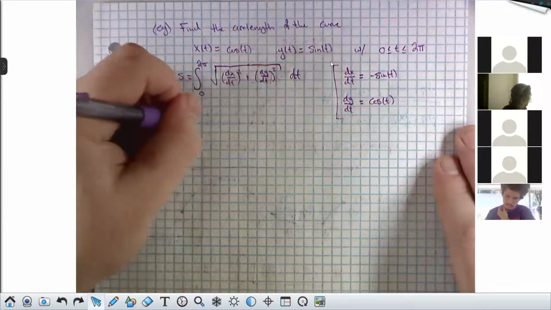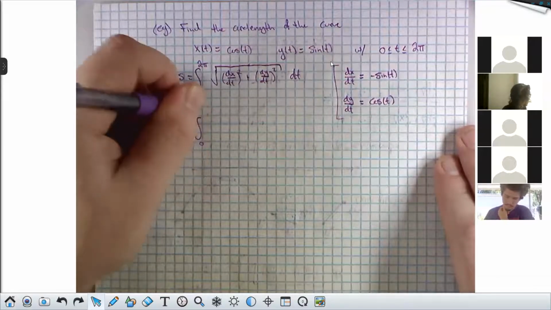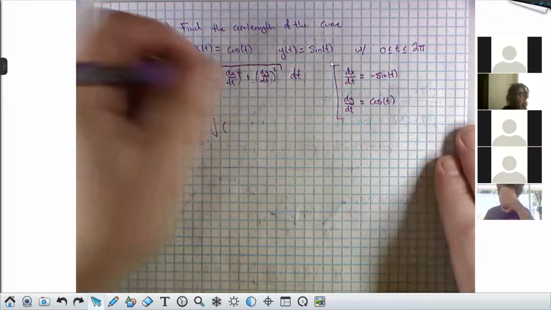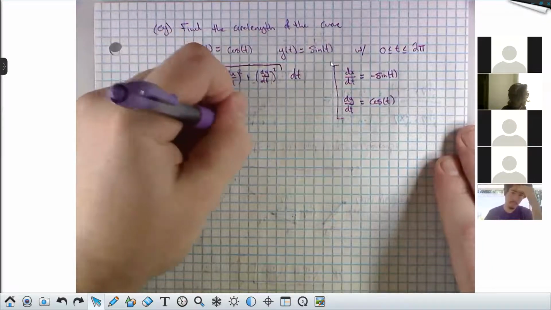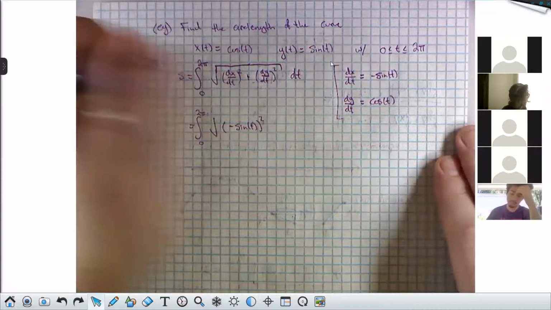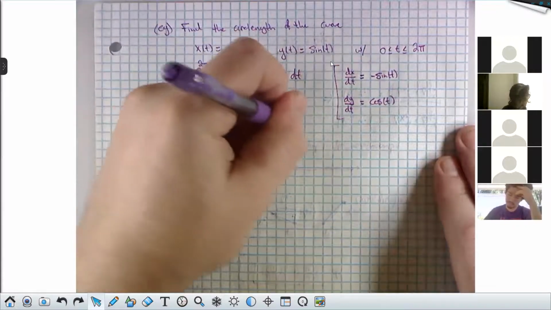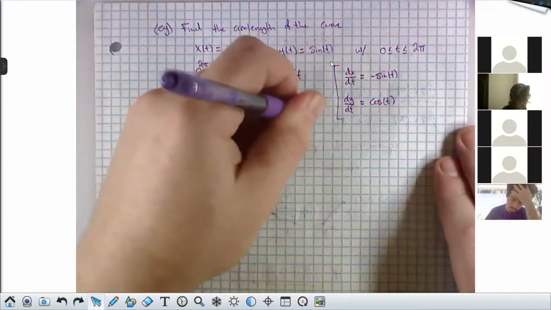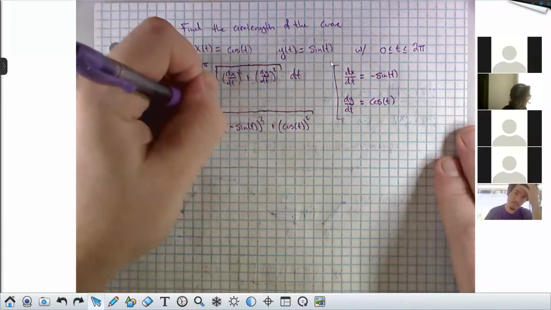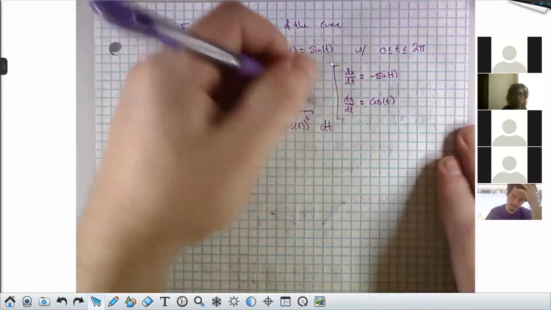So my arc length integral becomes the integral from 0 to 2 pi of the square root of dx dt squared, that's negative sine t squared, plus dy dt squared, that's cos of t squared. And the integral here is done dt.